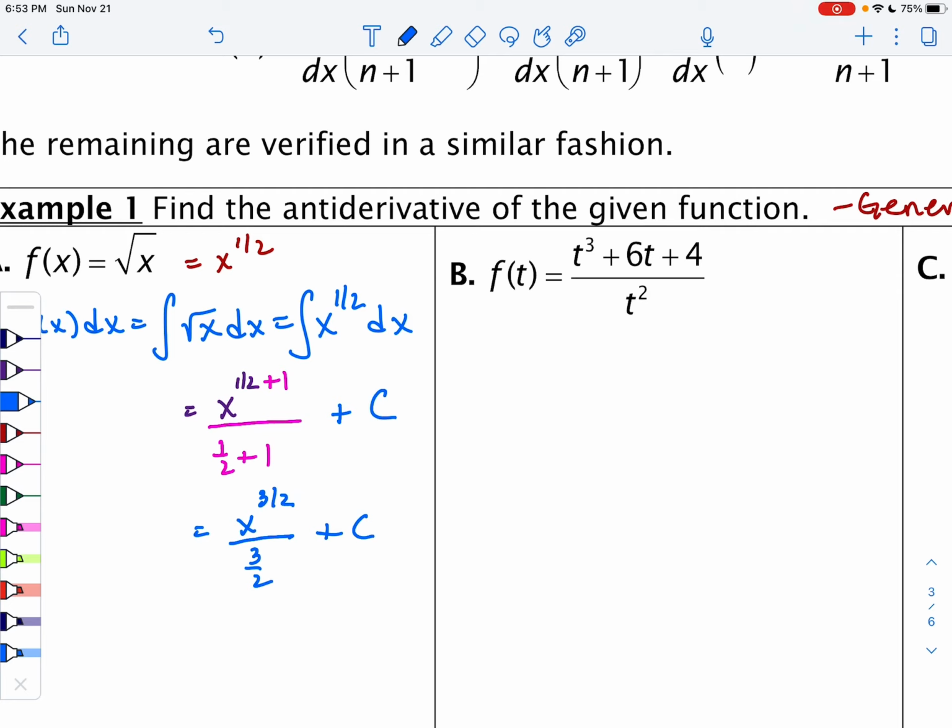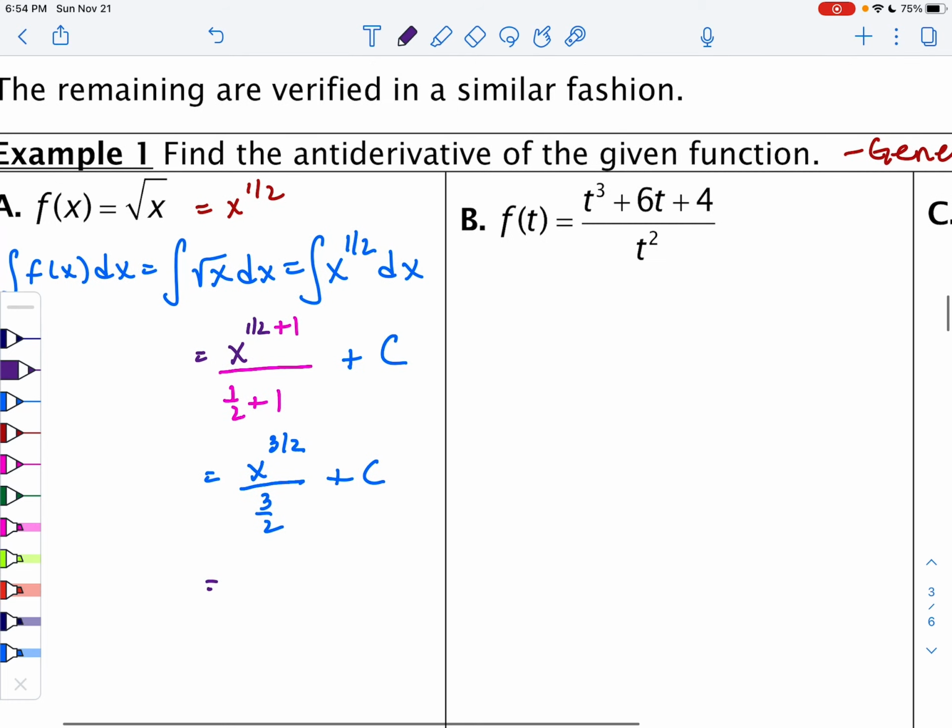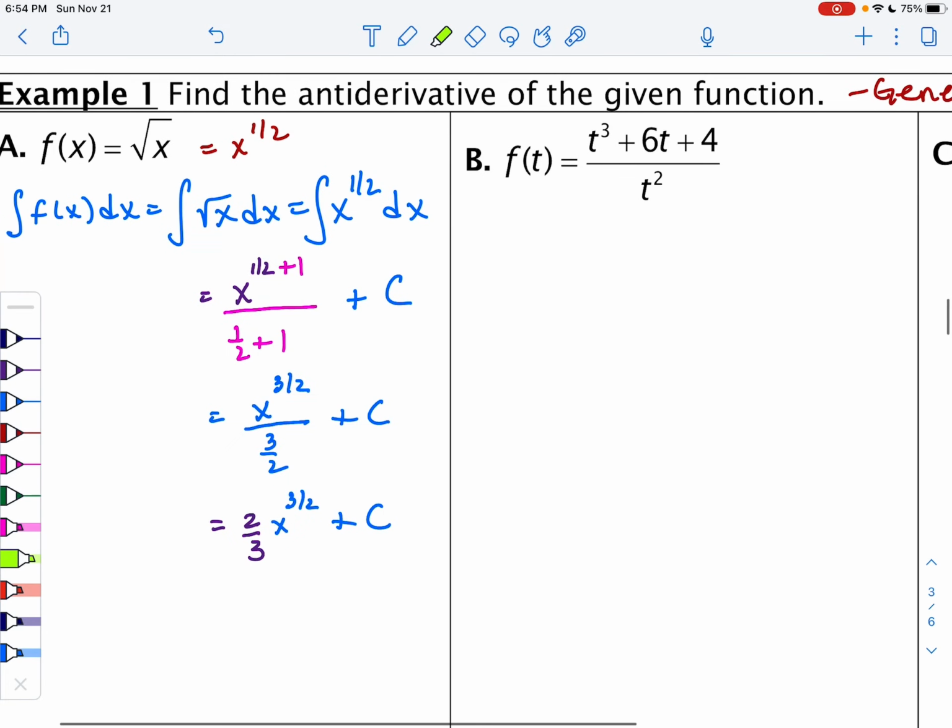What is division by a fraction? Division by a fraction is multiplication by the reciprocal. So we can rewrite divide by 3/2 as 2/3 times x to the 3/2 plus c. And that is going to be our answer.